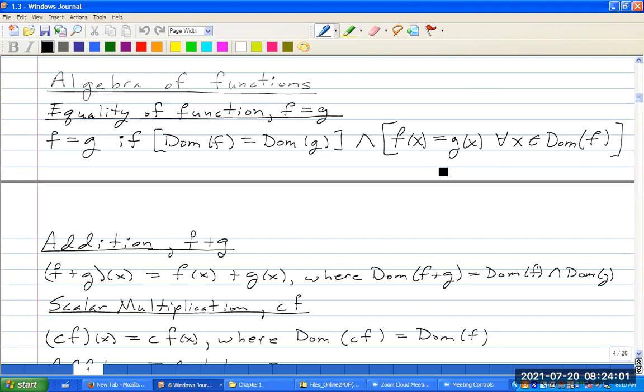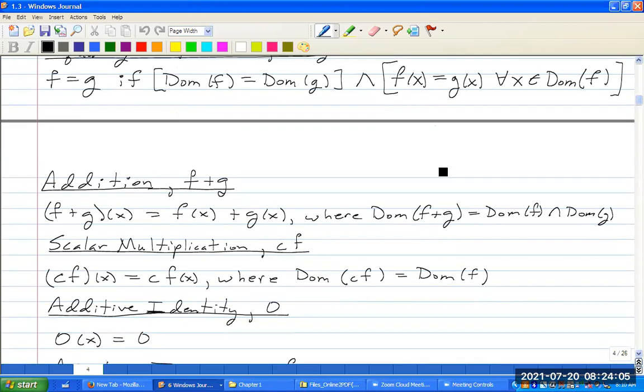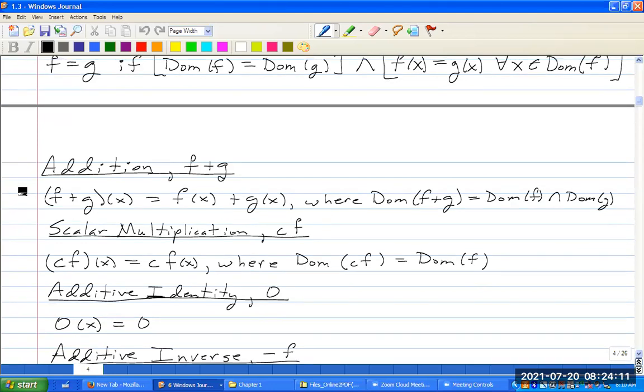So next, let's define the addition of two functions. So suppose I have two functions, f and g. I'll define a new function, f plus g, as follows. I will define it pointwise.